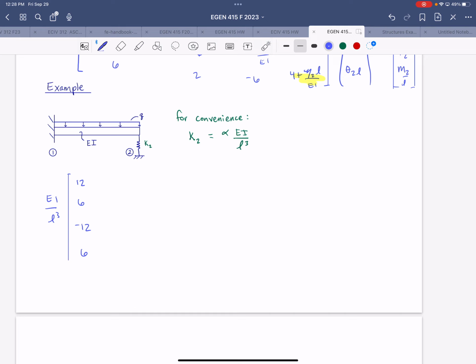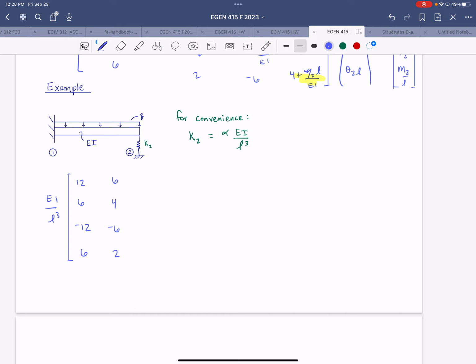So we don't add anything to that node 1, column 1 value because there's no spring at node 1. Second column associated with the rotation at node 1. No rotational spring, so this is going to be business as usual. 6, 4, negative 6, and 2.